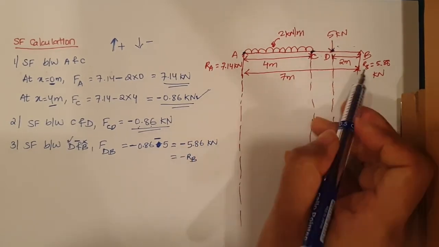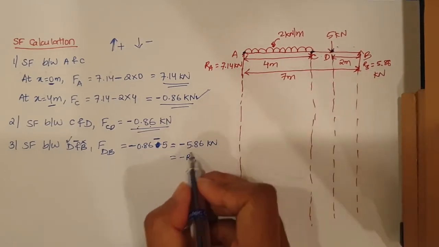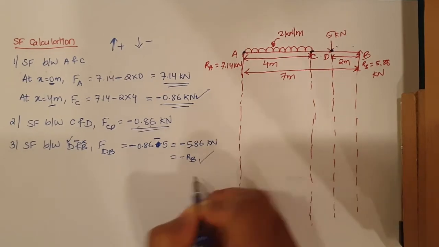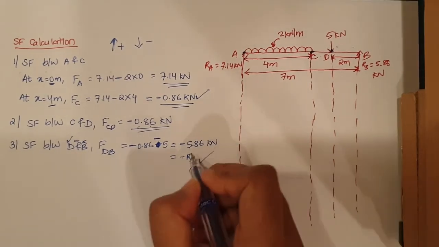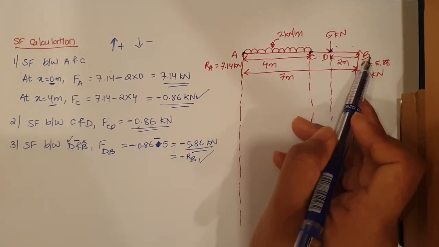So at the end we need to get exactly minus RB. We have RB equal to 5.86 and we are getting minus RB here, so our calculation is right. So this is the force between D and B.